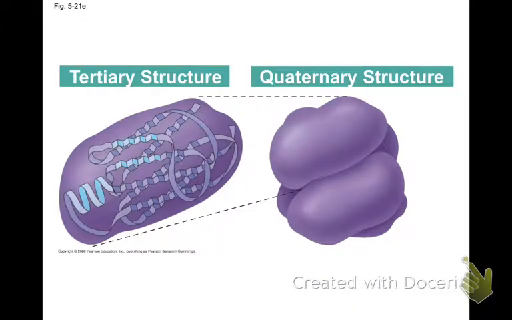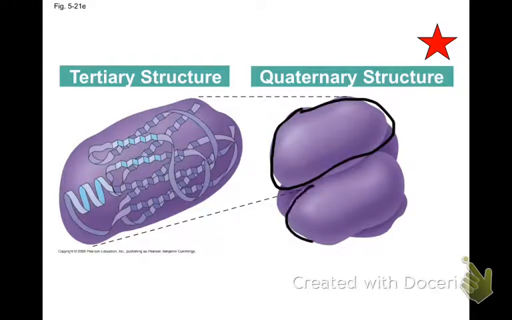Now, tertiary structure was the further folding after the primary and secondary structure, which I explained in the slide before. Quaternary structure basically means this is one polypeptide which folded up. This is another polypeptide.